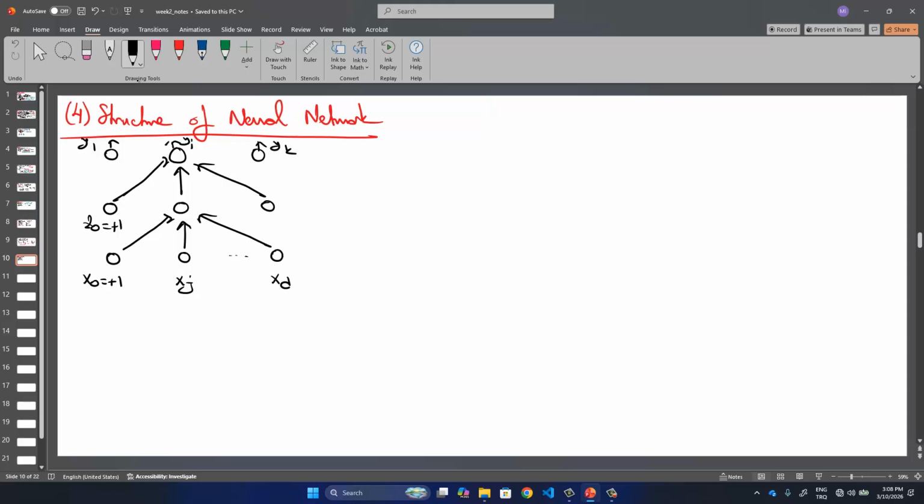This is z0, this is zh but small h, this is z bigger H. So this is j but up to d, this is h but up to big H, this is i but up to bigger K. These are the indices. In order to formalize the whole thing in here, we need to define these indices and we need to use this schema all the time.